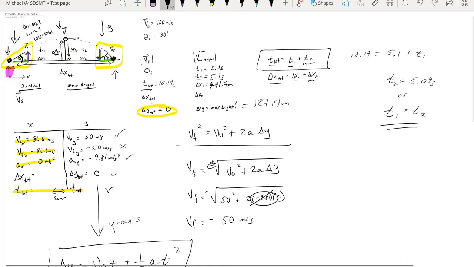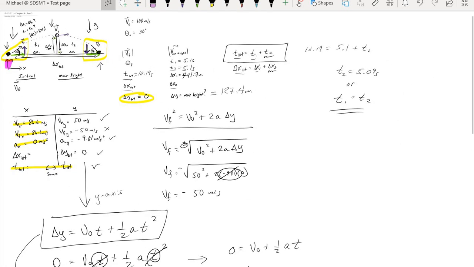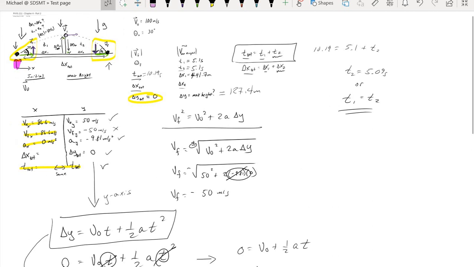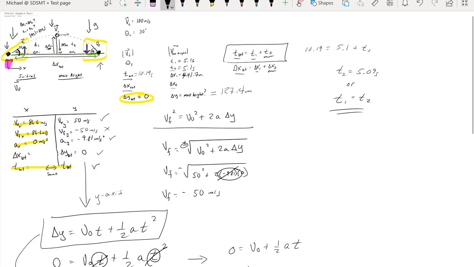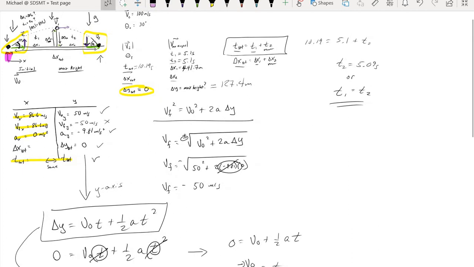So it does in fact look like we have a symmetric system here. The time up equals the time down. All that's left is to check on the delta x values and see if we get some symmetry out of that.